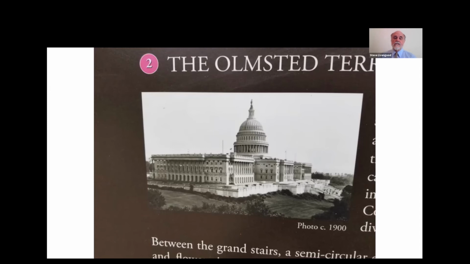But this is the last element, and it's the one that the Congress was most reluctant to fund, but finally they did. And now it contains a lot of the hideaway offices that the senators get, and a lot of other service elements for the building. But the terrace is there, and at least it provides this aesthetic base for the Capitol building from the west side.